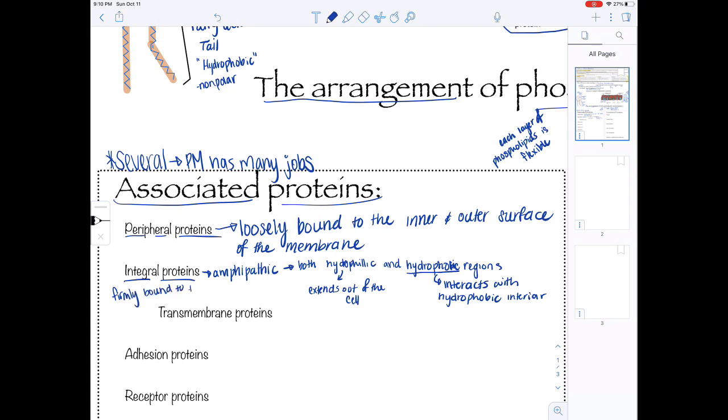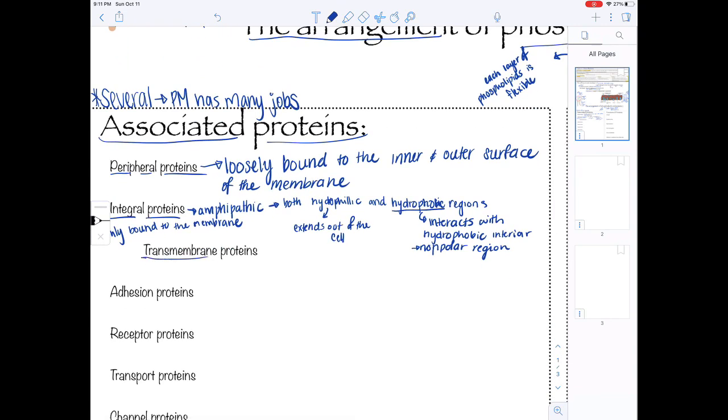So these are firmly bound to the plasma membrane. Now, because your hydrophobic region, remember, is interacting with the hydrophobic interior, you have to understand that it's nonpolar.